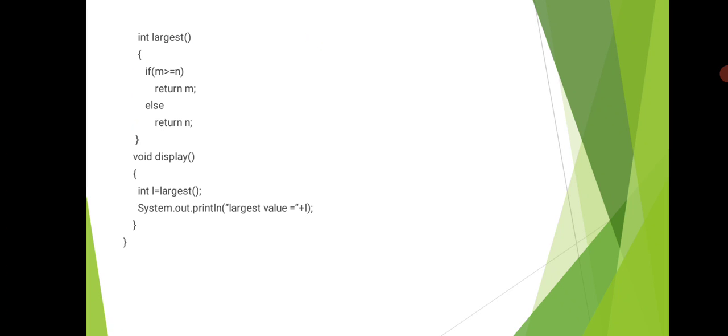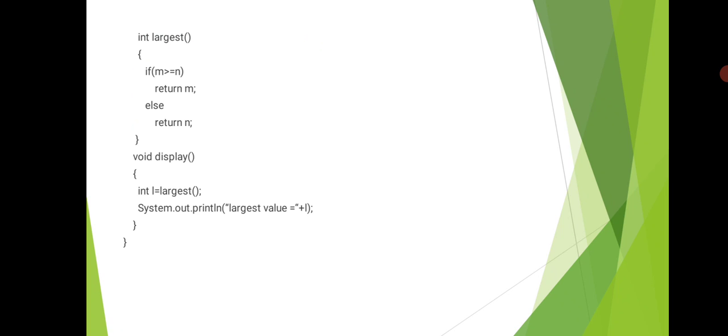Next we have a largest function which will find the biggest of two numbers. If m is greater than n it will return m, or if it is equal to n it will also return m, otherwise it will return n. Then we have another function, display, which will call the largest function inside the display function.